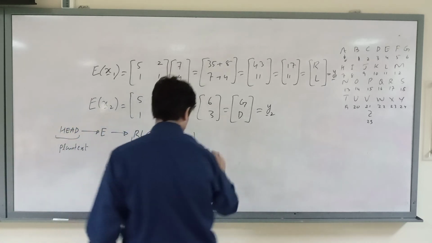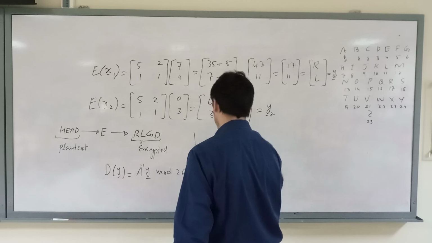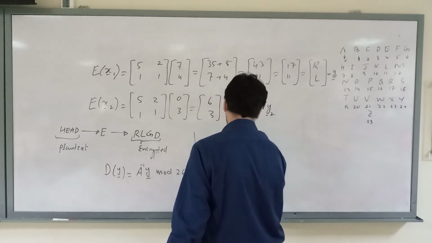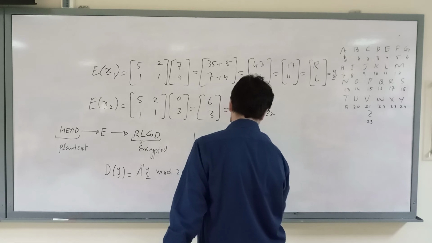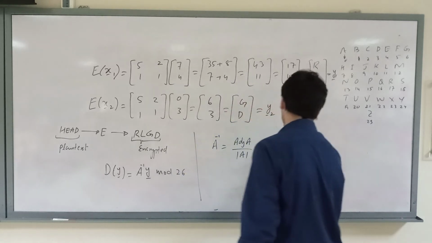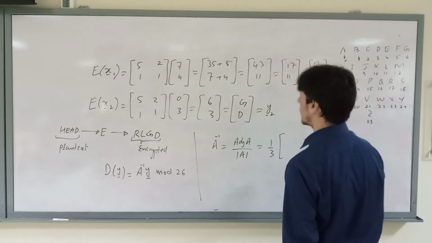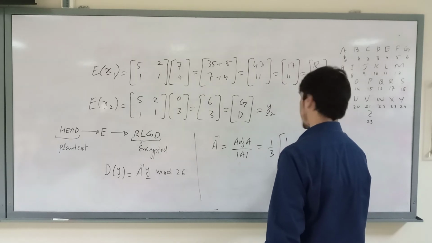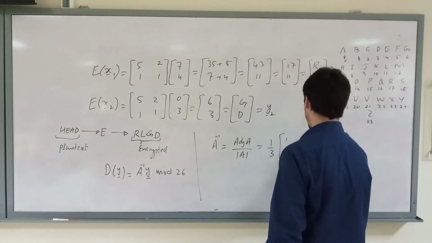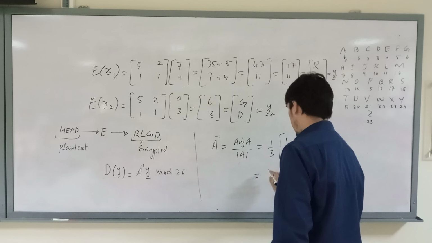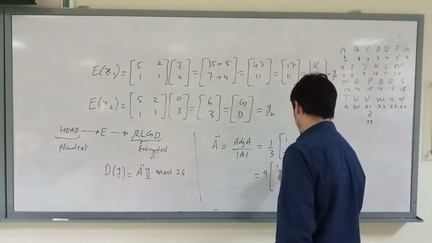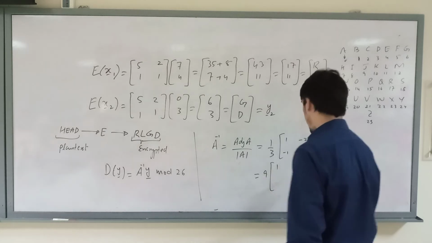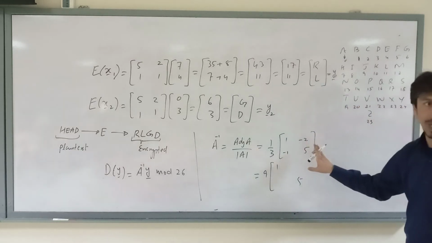The inverse of A is the adjoint of A divided by its determinant. So the determinant is 3 and the adjoint is 1 5 minus 1 and minus 2. So here 1 over 3, the inverse of 3, is 9.